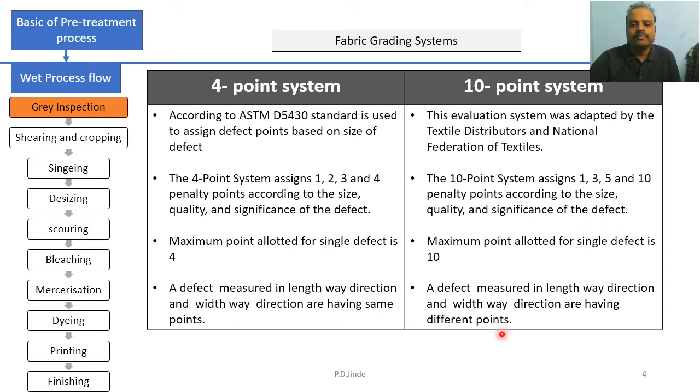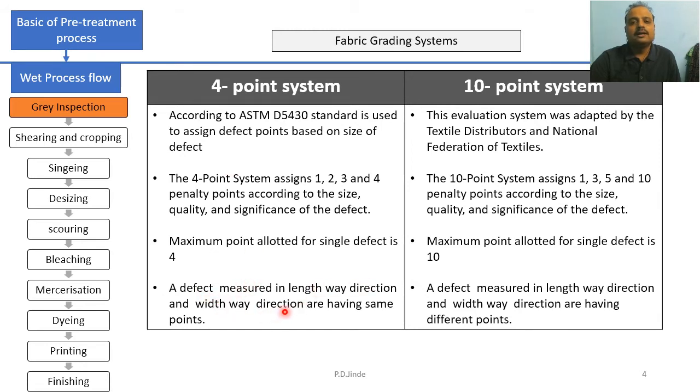A defect measured in the lengthwise direction and widthwise direction are actually allotted different points. That means in the 4-point system there is no difference.